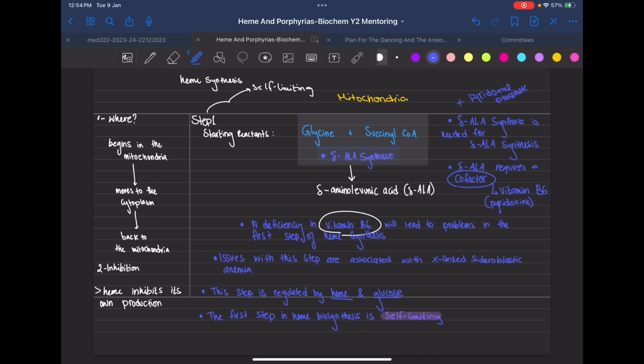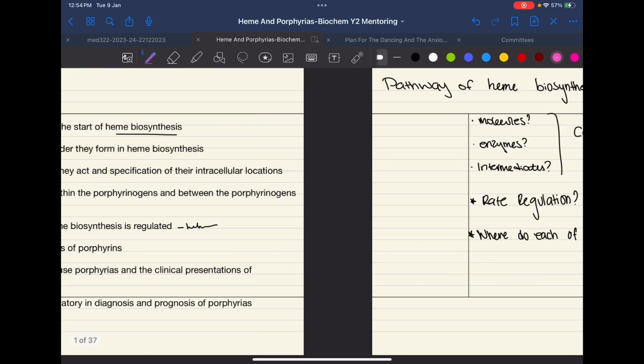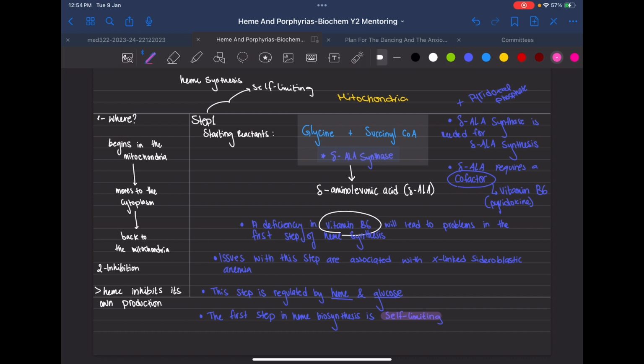Next to each point that covers one of these learning objectives, I'm going to be putting a pink star, just so you can follow along with your learning outcomes. All right, so before we start with the heme biosynthesis pathway, there's two things that I want to bring your attention to, which is these 2 points here.